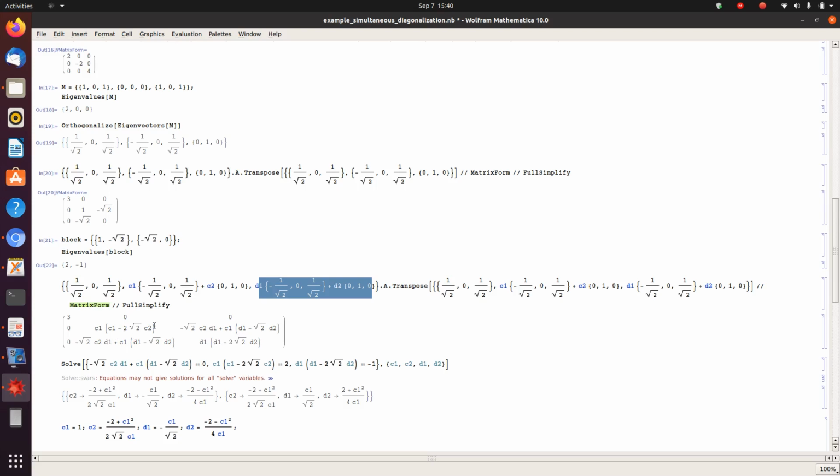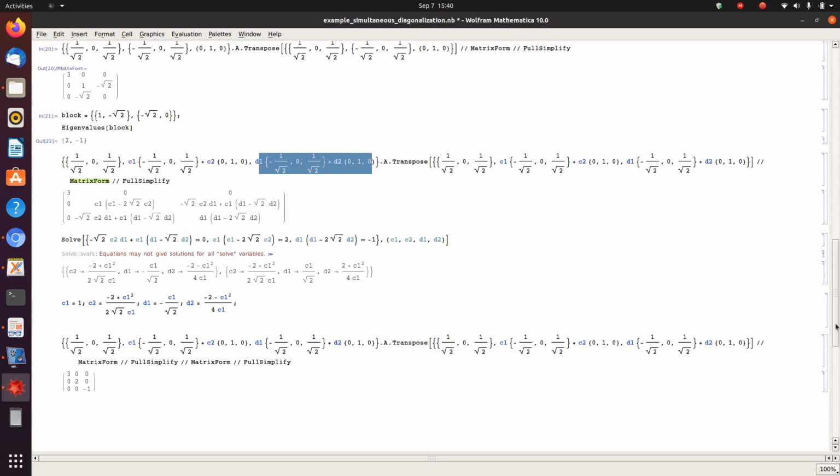Now, there are 1, 2, 3, 4 unknowns and 3 equations. So, when I solve that, I get certain relations, and these relations I can plug in. There are again infinitely many choices of linear combination for which this is satisfied. So, I pick one choice by choosing C1 equal to 1, and the rest is all set by that.